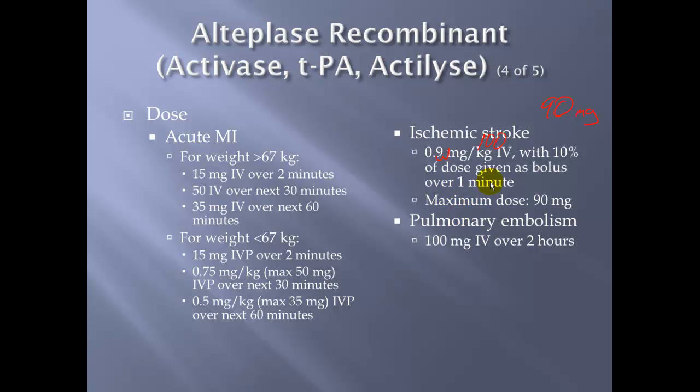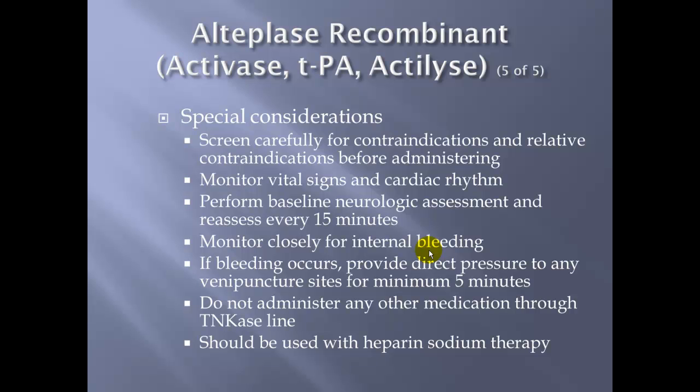So 10% of that would be 9 milligrams given as a bolus over a minute. Maximum dose is going to be 90 milligrams. Pulmonary embolism, if we see that, 100 milligrams IV over 2 hours. Nice and easy. We're going to want to reperfuse them.